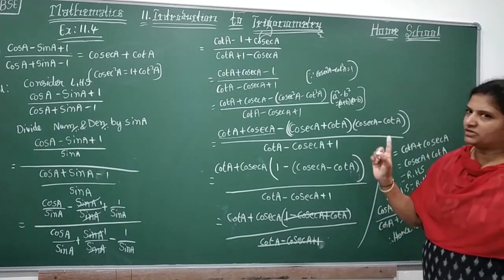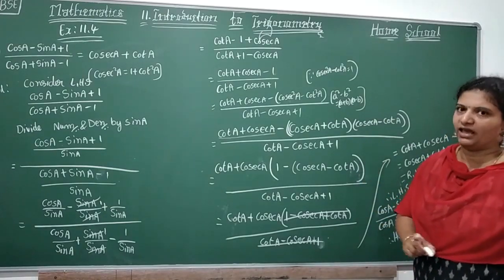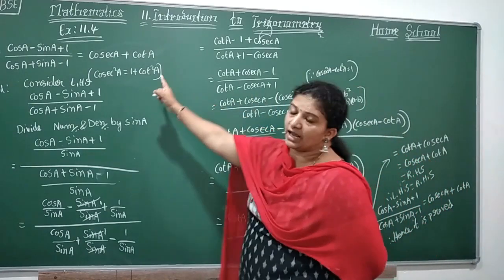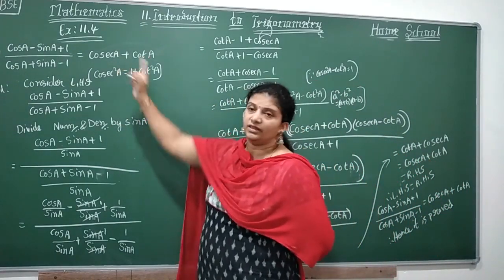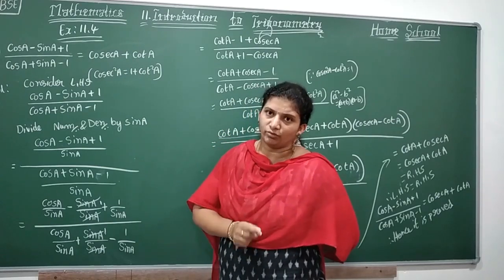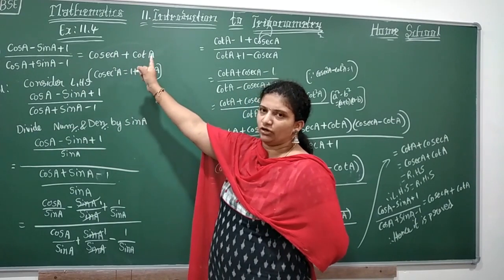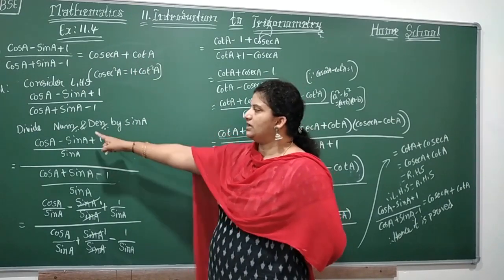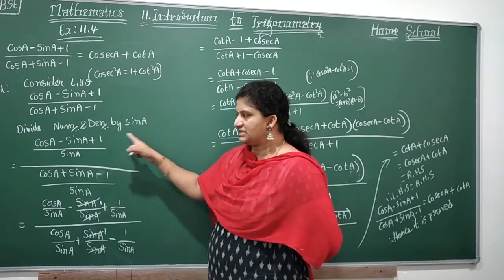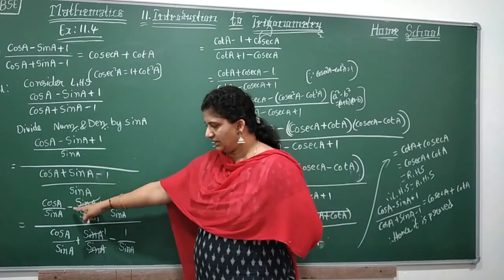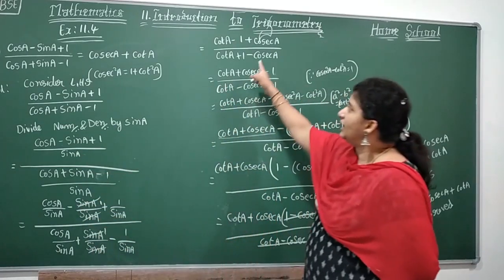See here, the problem is lengthy. Once again, look here carefully. Observe your right hand side. Then divide numerator and denominator, you will get an idea. Cosecant is 1 by sin, cot A is cos by sin. So divide numerator and denominator by sin A. Split the sin A, cancel, rewrite the equation.